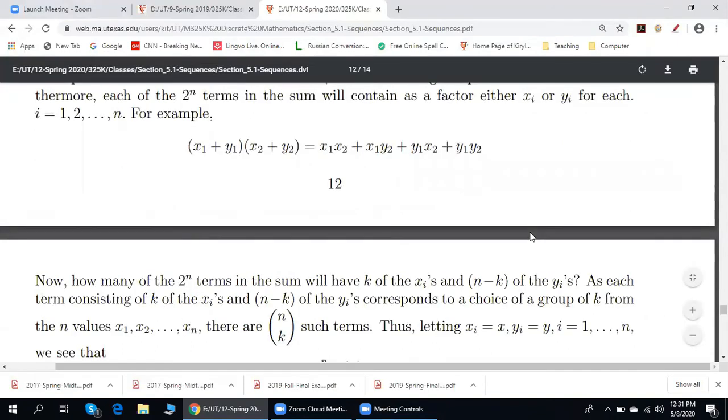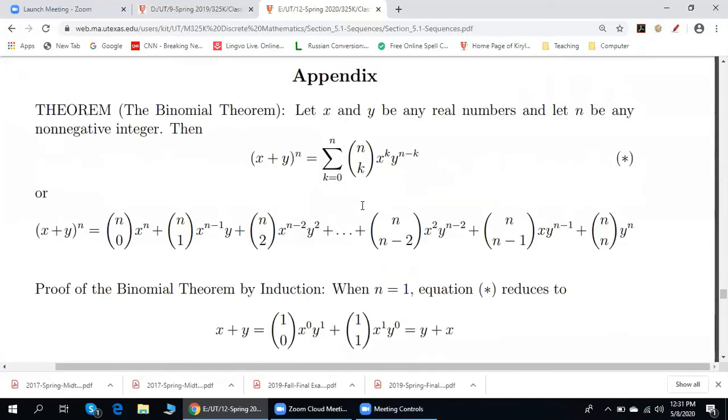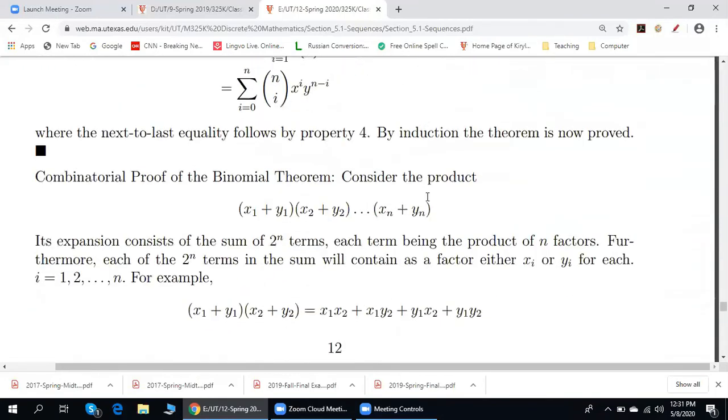Here is what we do next. Note that over here we have x plus y times x plus y and so on times x plus y. In other words, x1 is equal to x2 and so on is equal to xn, and y1 is equal to y2 and so on is equal to yn.